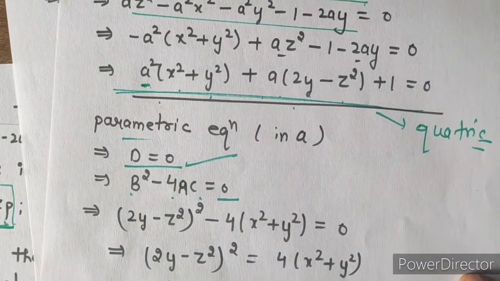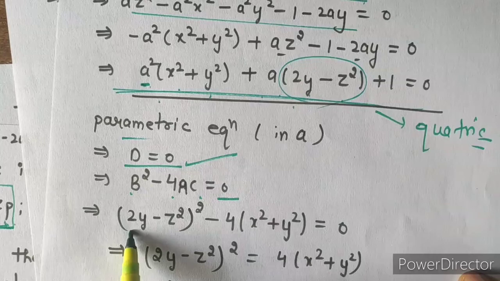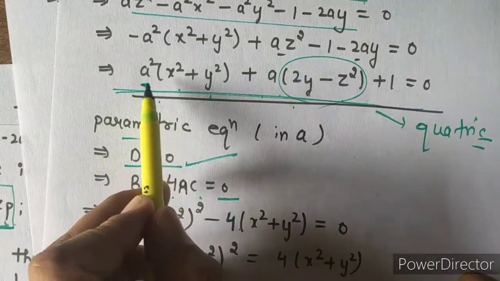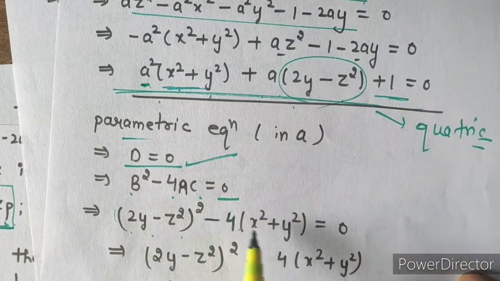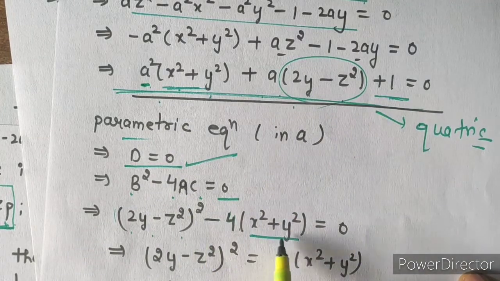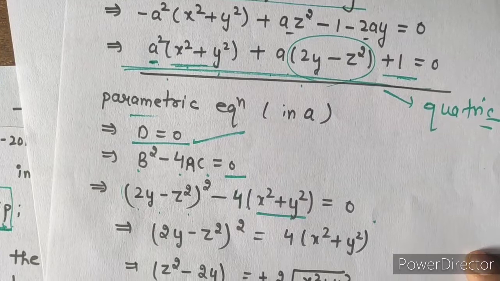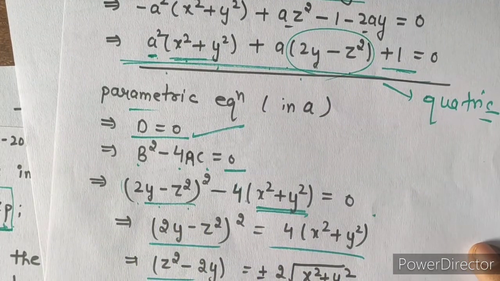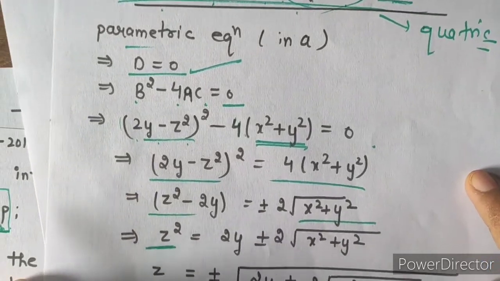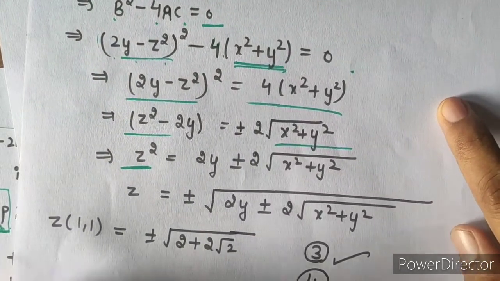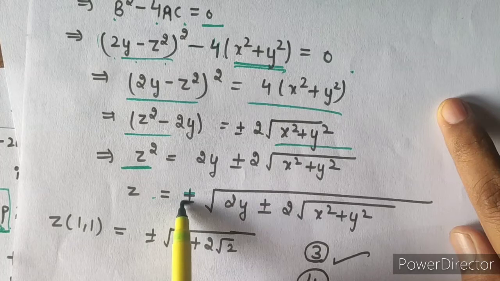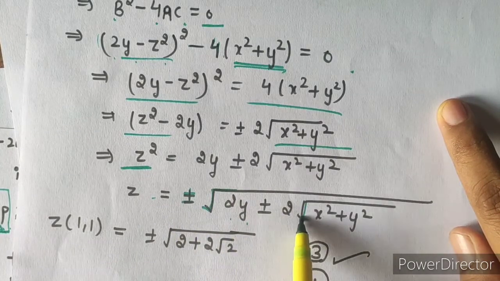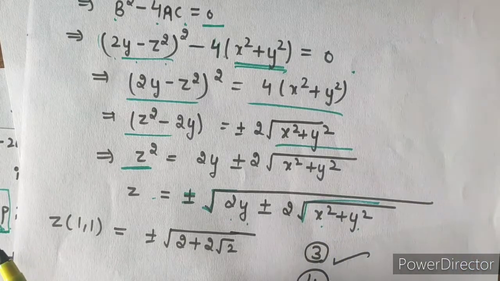Then the discriminant becomes (2y minus z square) whole square minus 4 into c, where c is (x square plus y square), equal to 0. After rearranging this, we have calculated the value of z. The value of z is equal to plus minus square root of (2y plus minus 2 into square root of (x square plus y square)).